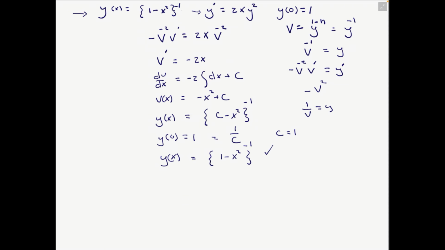And they want us to define where this exists. Well, we can't have the denominator equal to 0. So 1 minus x squared cannot be equal to 0.